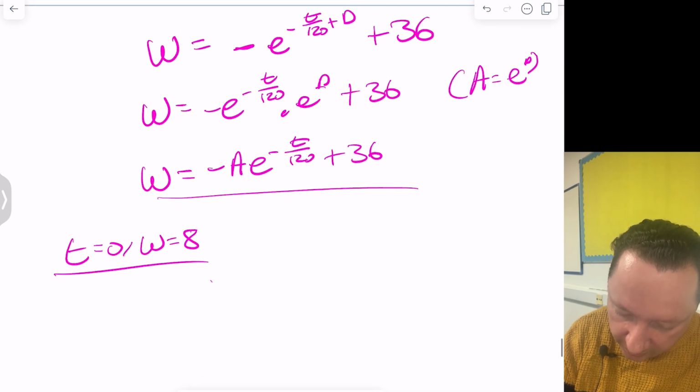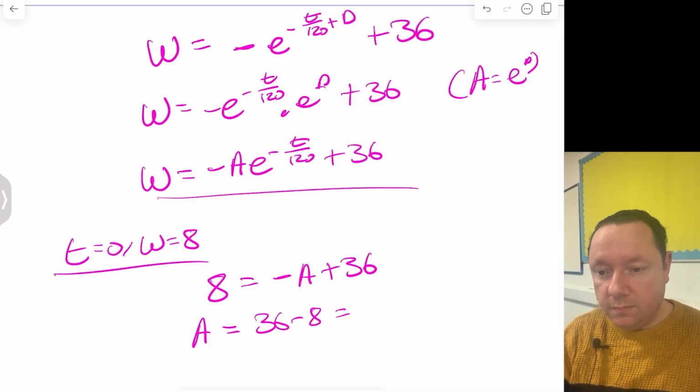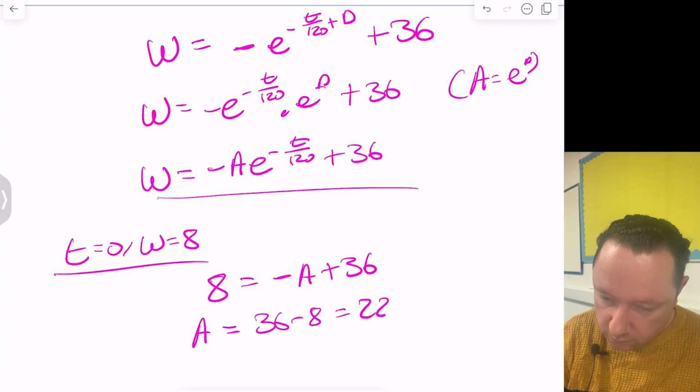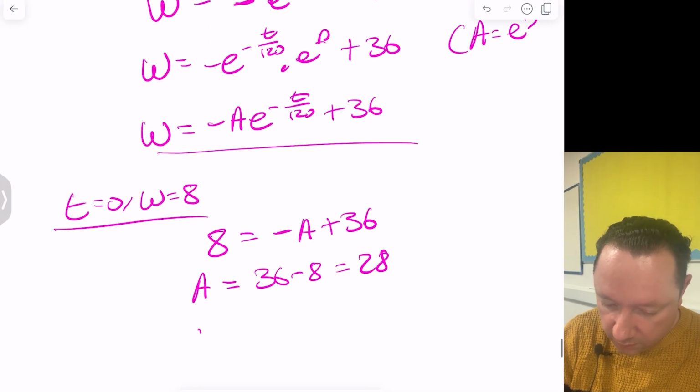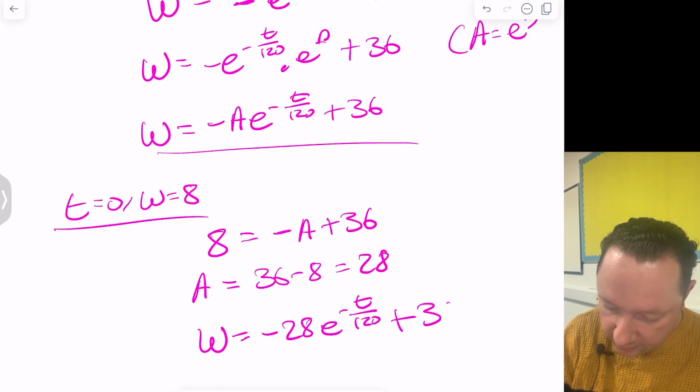So that means that 8 equals minus a plus 36. So a must equal 36 minus 8, 26, 27, 28. And therefore w equals minus 28 e to the minus t over 120 plus 36.